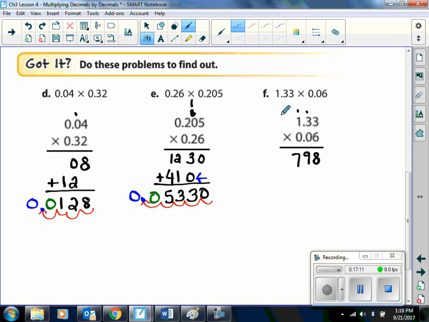No. So, now, how many numbers do I need behind the decimal? 4. So that's 1, 2, 3, and again, annex that 0. So there's my decimal, and there is the 0. And my leading 0. Is everybody clear?